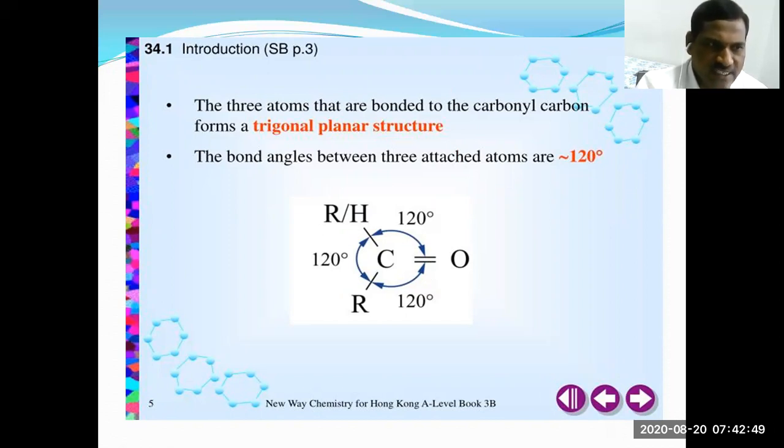The bond angle between the three attached atoms is nearly 120 degrees. Between carbon and oxygen, one sigma bond and 1 pi bond is present.